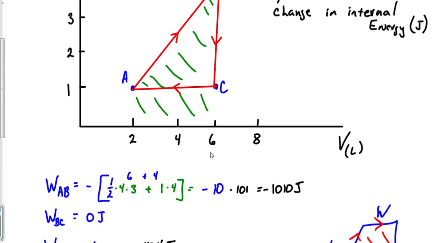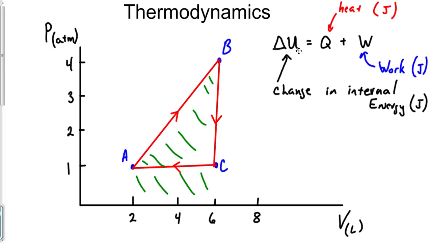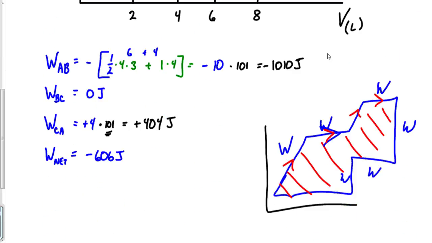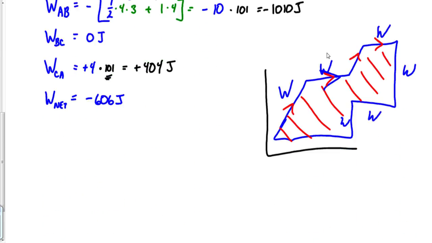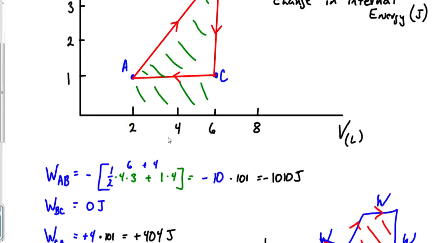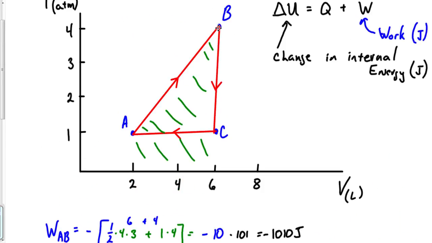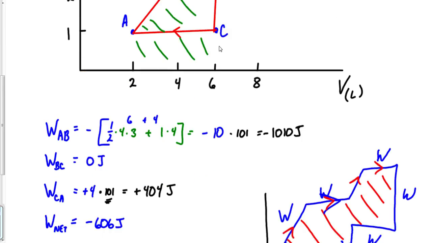So now let's go back, and I'm going to do this next. I've got to find delta U before I can find Q. So here's what I'm going to do next. I'm going to find the change in internal energy, and I'm going to find it between A and B at this point, which would be 3 over 2 PV minus PV. So here we go. PV, 6 times 4 is my PV for this area, or 4 times 6, however you want to look at it.